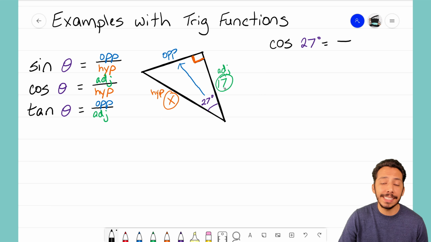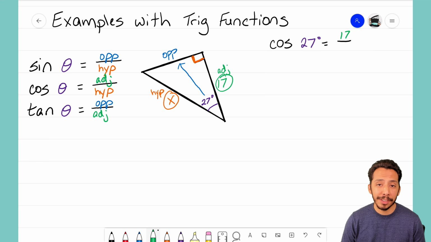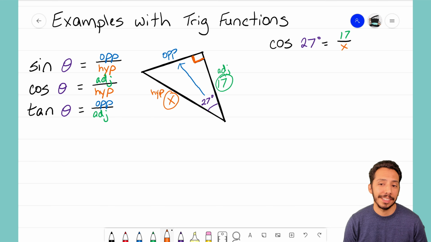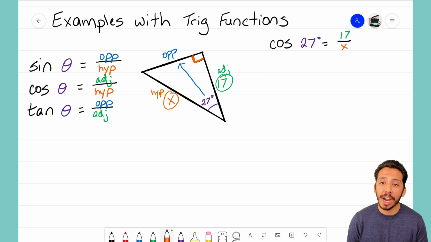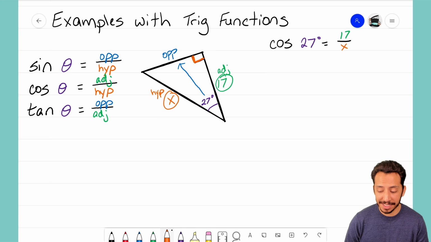So I take the adjacent side of 17, and that becomes the numerator. The denominator of that fraction becomes the hypotenuse, which is x. So I now have a trig ratio set up. I have one variable, it's x. I can now cross multiply and solve and determine what that unknown side is.